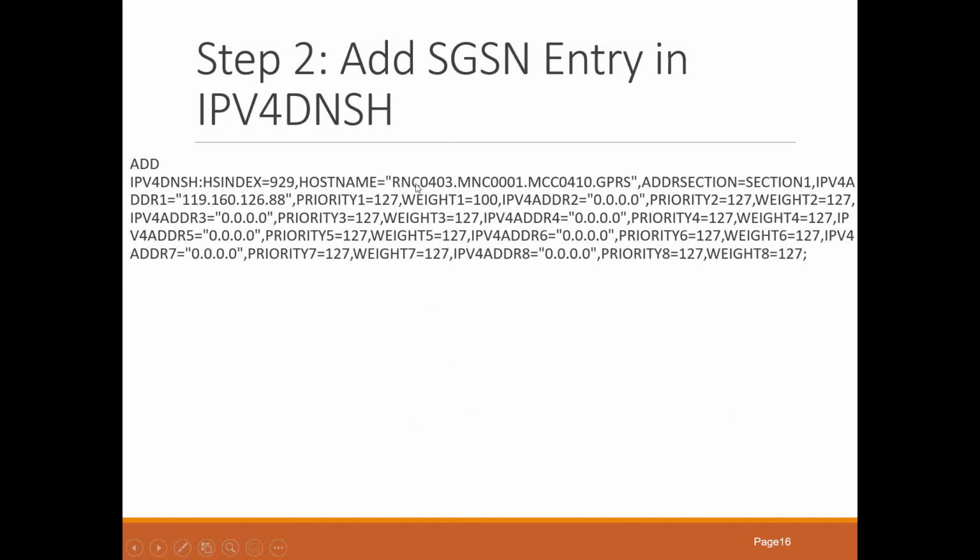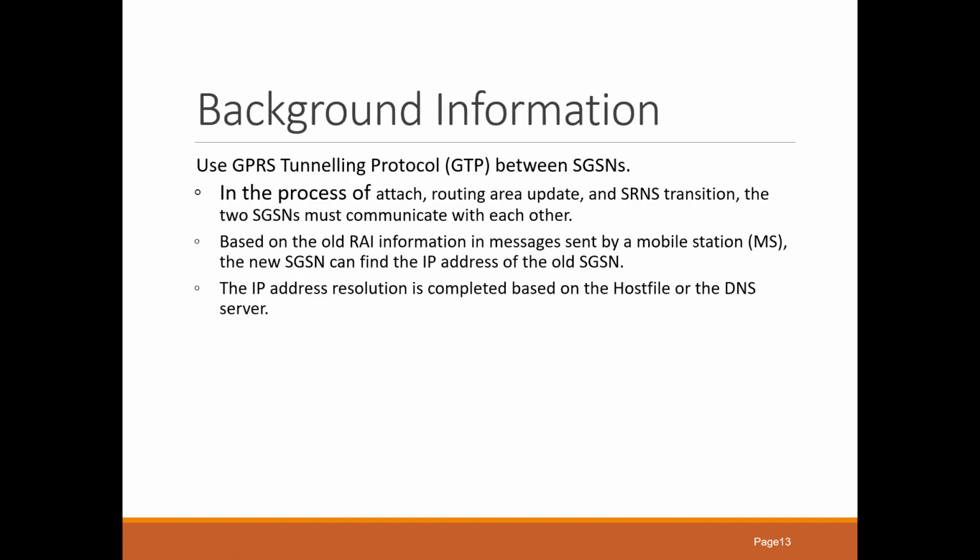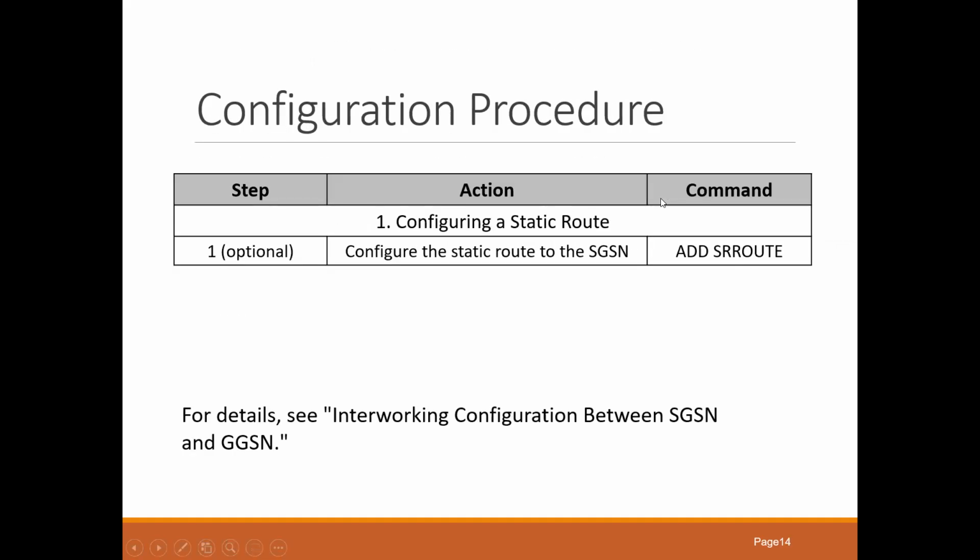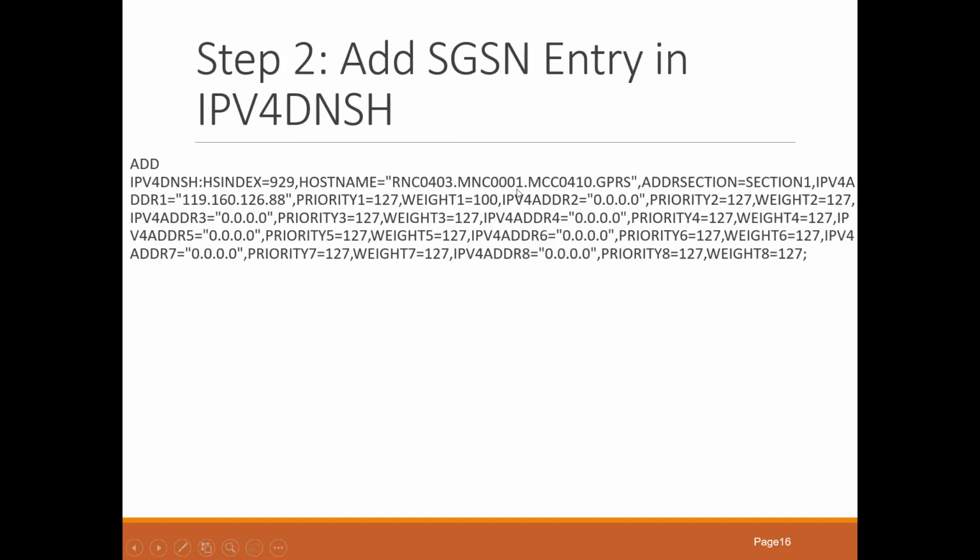So if your request is coming from one RNC, and then your user changes its RNC and its routing area ID, in SRNS relocation, the SRNS relocation or transition is done when one RNC is communicating with the other RNC.